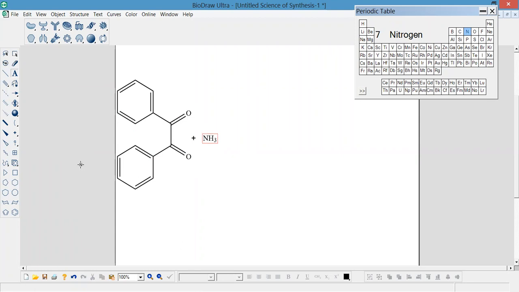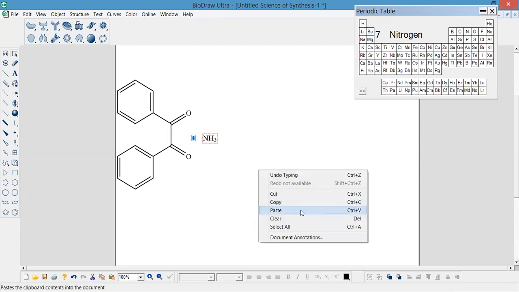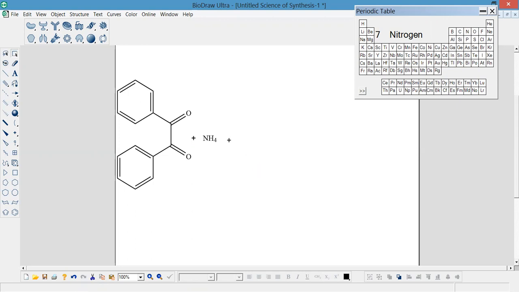Now add an aldehyde. Oh sorry, this is ammonia, NH3.